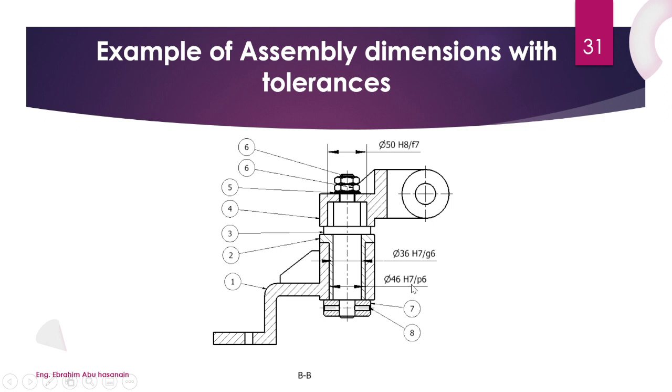Then 46 H7/p6 is an interference fit, and my shaft has to rotate slightly; a little bit of clearance has to be between shaft and bushing. That is why we gave 36 H7/p6 here with shaft and bushing. And this way we show our fit for an assembly.